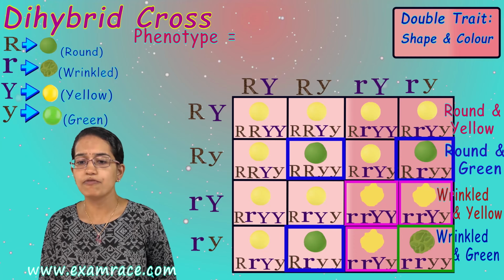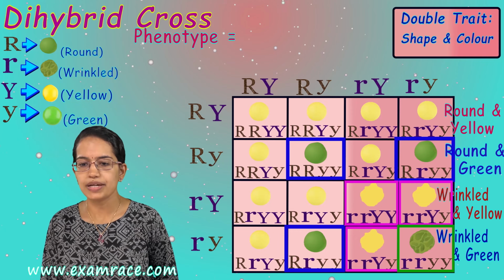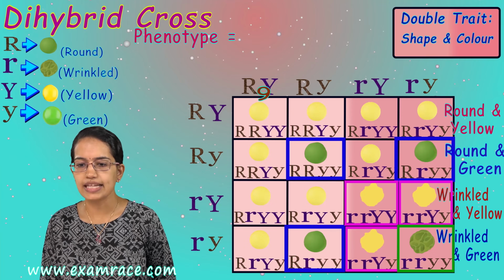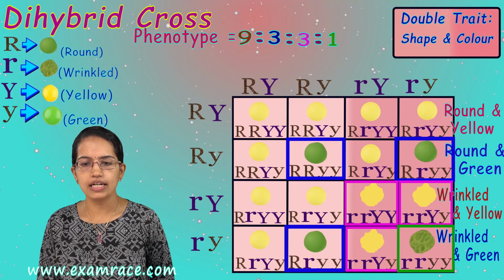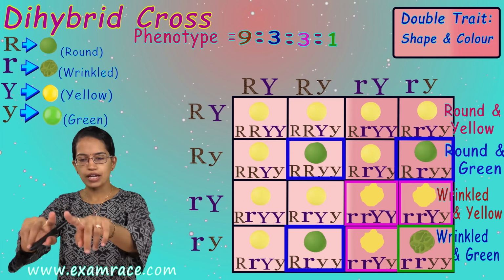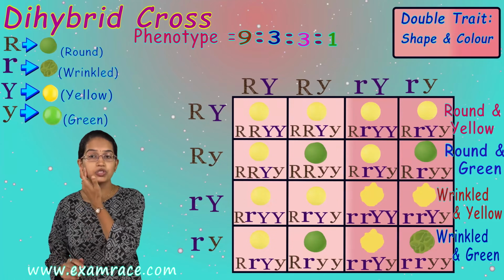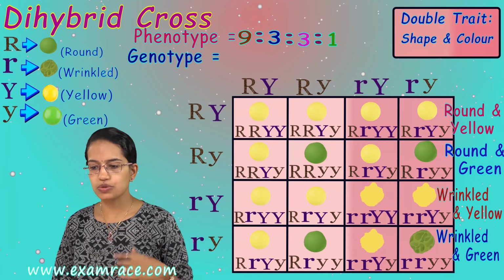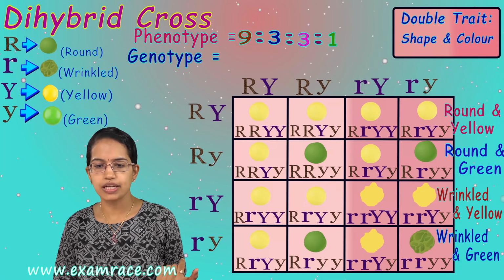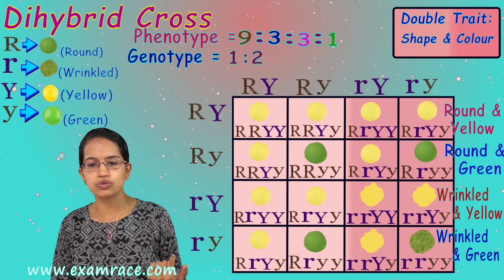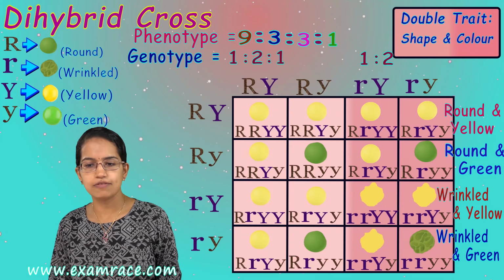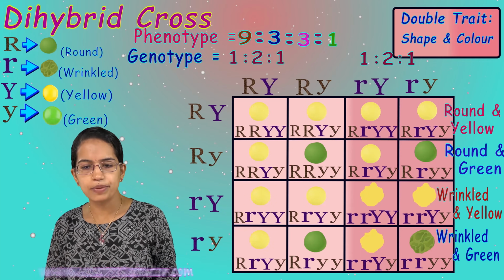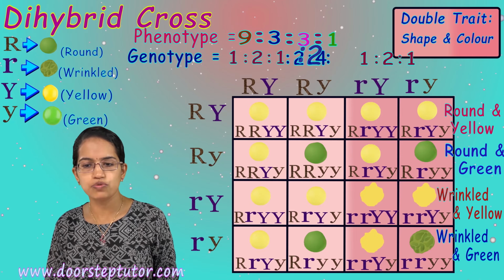So what is my phenotypic ratio? Phenotypic is what I can see, it is 9:3:3:1, and that's how we understand a dihybrid cross. But if we complete this and you see the genotypic ratio, that genotypic ratio would be very different. As in the earlier case it was 1:2:1, here again it would be 1:2:1, then again 1:2:1, but in between you had these 2:4:2.